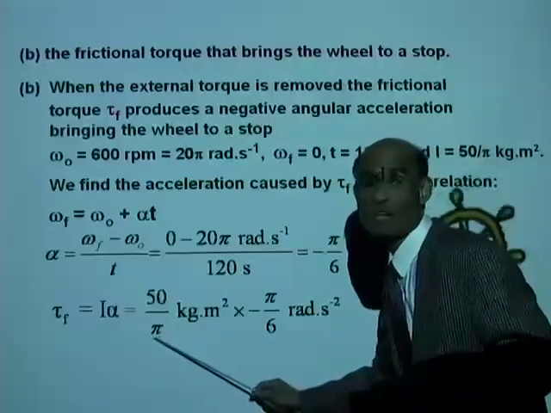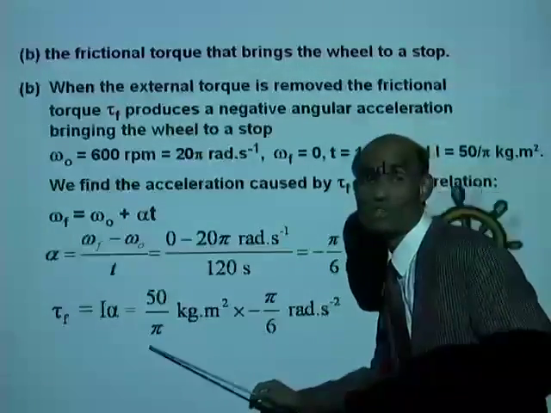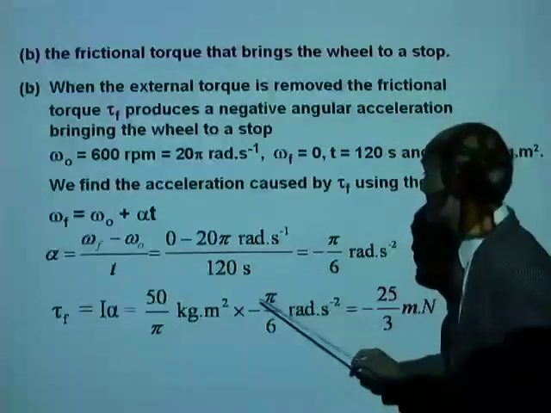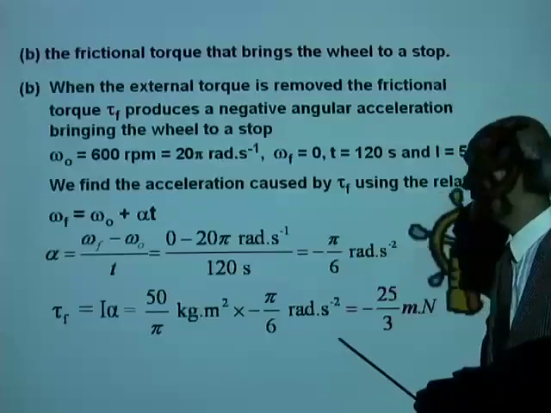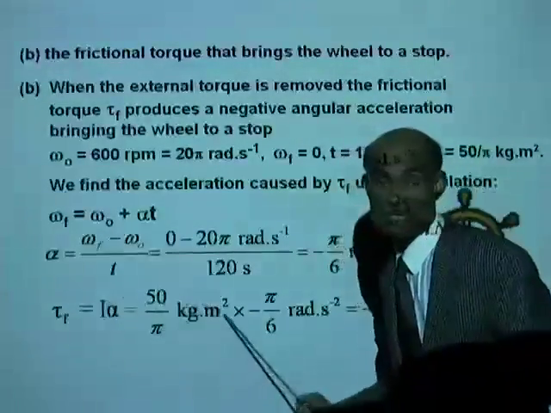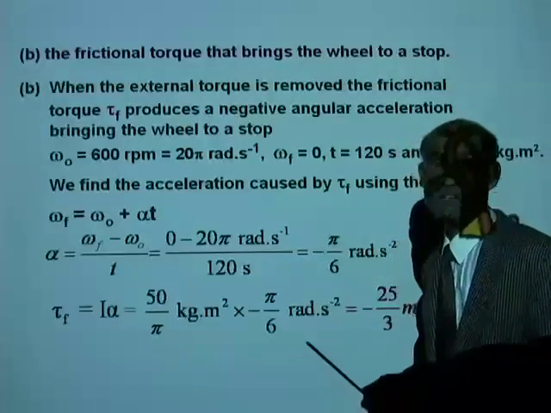And you see the advantage of leaving the answer in the exact form. You can see the pi and pi will now cancel. That is negative 25 over 3 meter Newton, the frictional torque. Alright, that's a good problem, and I want you to learn how to do problems like this.